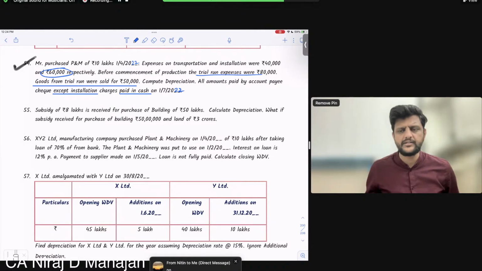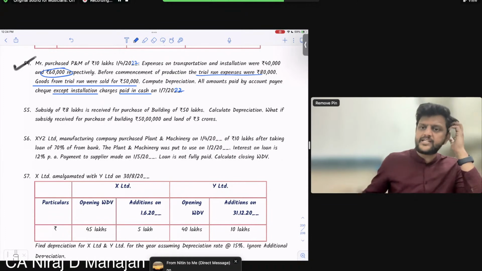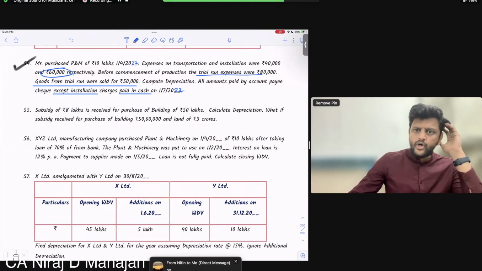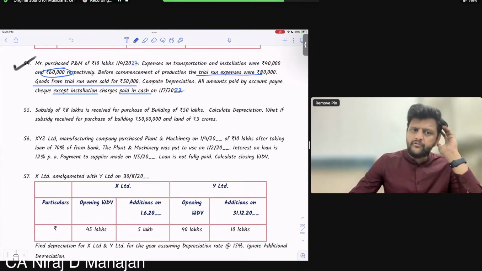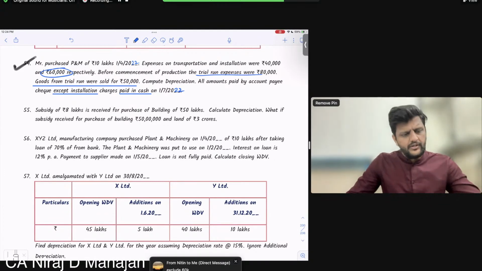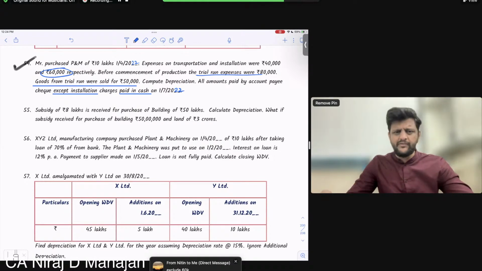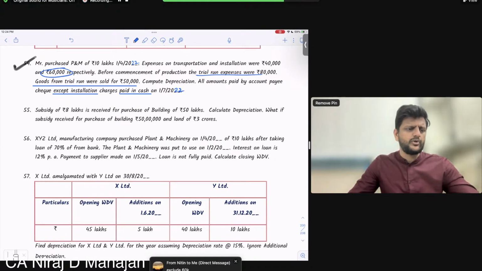I cannot capitalize that amount. Okay, from income tax point of view, my cost of asset will not include rupees 60,000, correct. But from accounting point of view, everything is allowed. And accounting doesn't talk about cash or any kind of normal transaction. Okay, everybody?